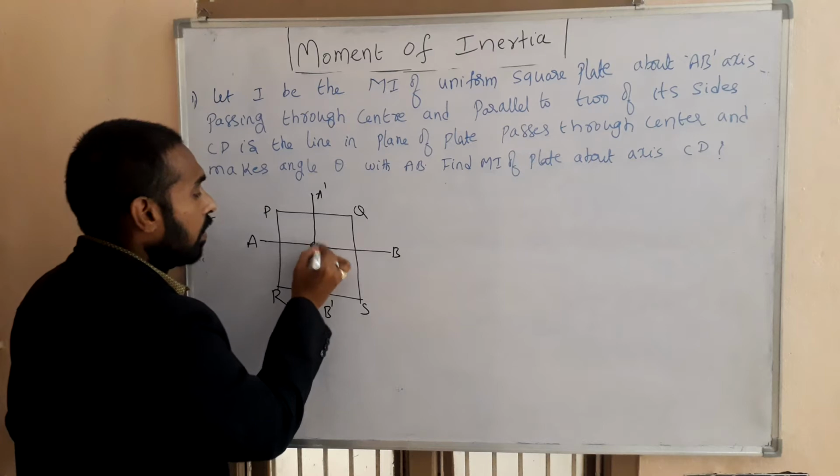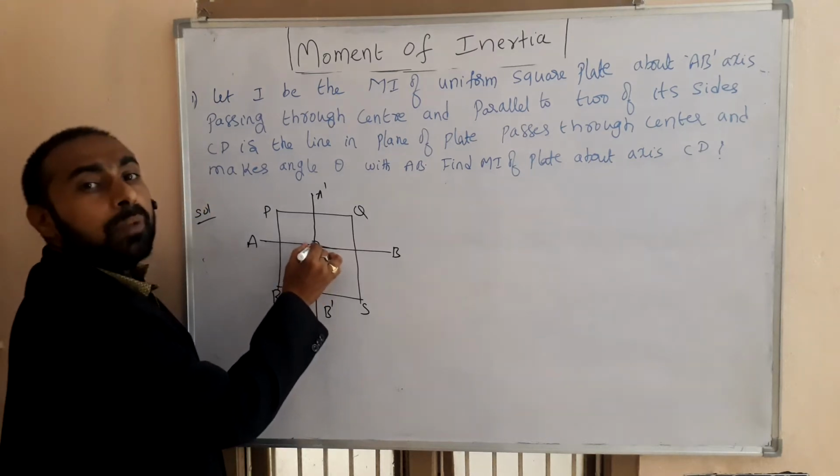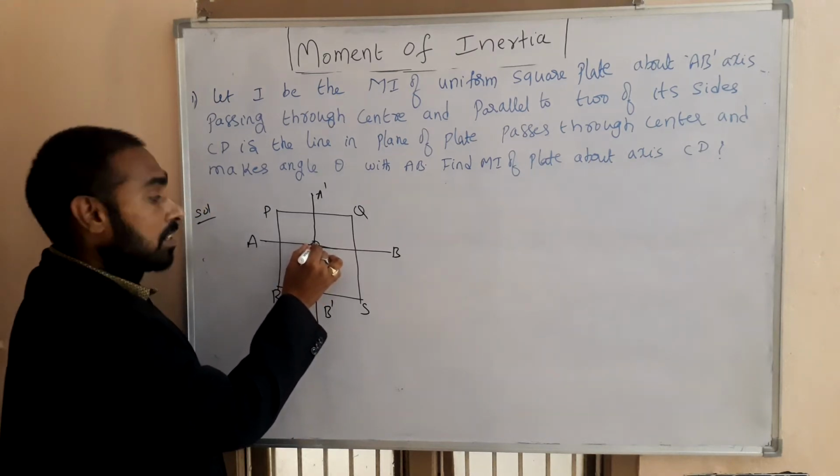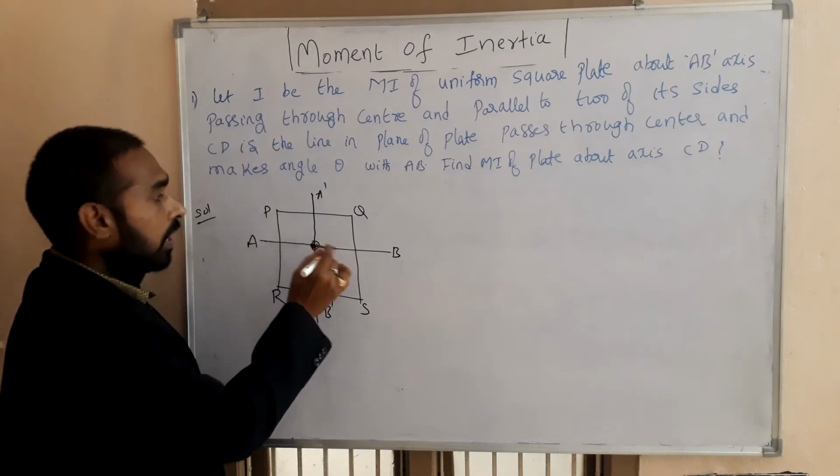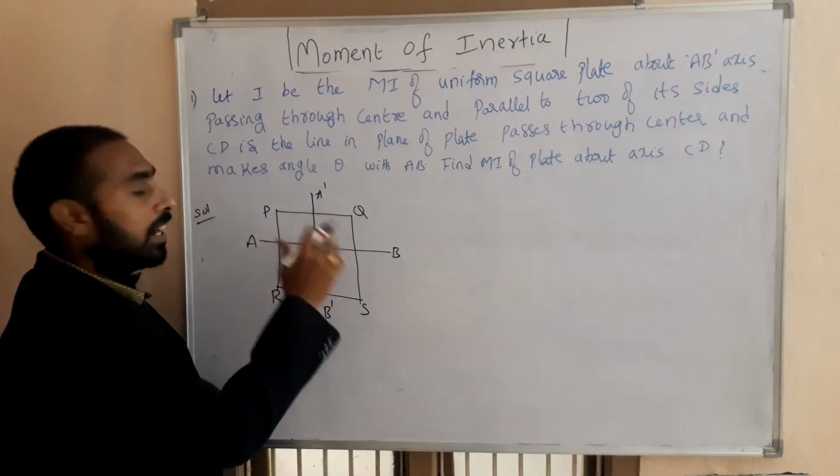This is the axis, moment of inertia about an axis passing through the center and perpendicular to the plane, that is perpendicular to both AB and A dash B dash.